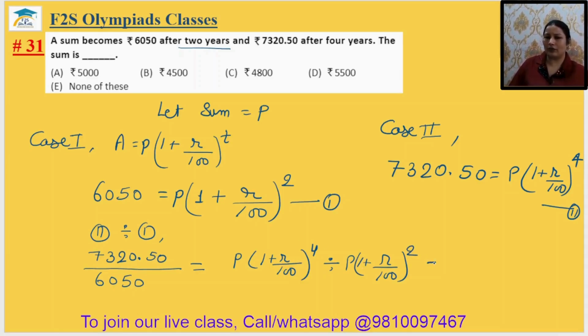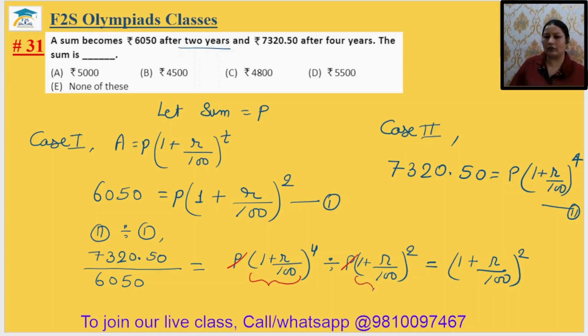After division, we will get 1 plus R by 100 to the power 2 only, because P will be cancelled out and we can see these two are the same.